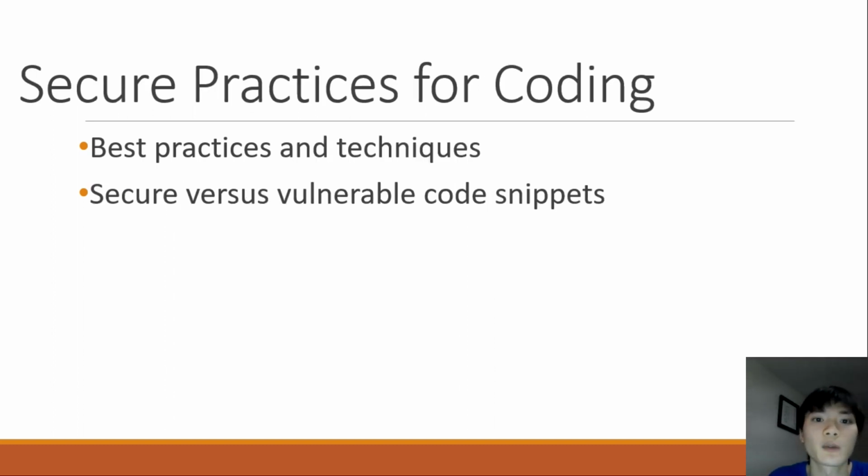And now let's look at secure practices for coding. Secure coding practices are fundamental to defending against SQL injection. One effective approach is to use prepared statements with bound parameters. This method separates SQL code from data inputs, ensuring that malicious content is not executed.